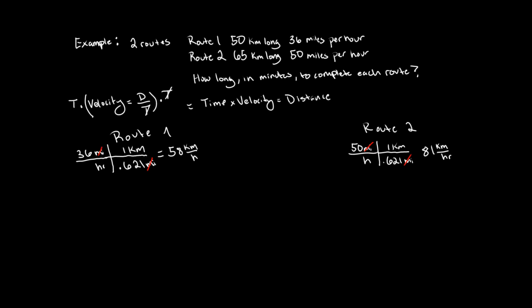All right. Now that we have that, we know that distance is equal to time times velocity. But let's take it a step further, because we want to find time. So we need time to equal something. In this situation, if we want to get rid of velocity, we have to divide both sides by velocity.